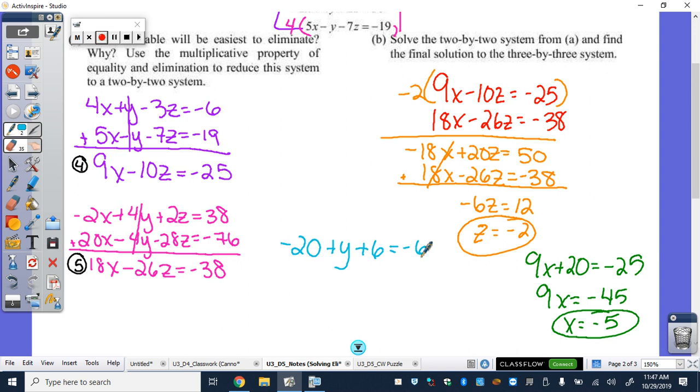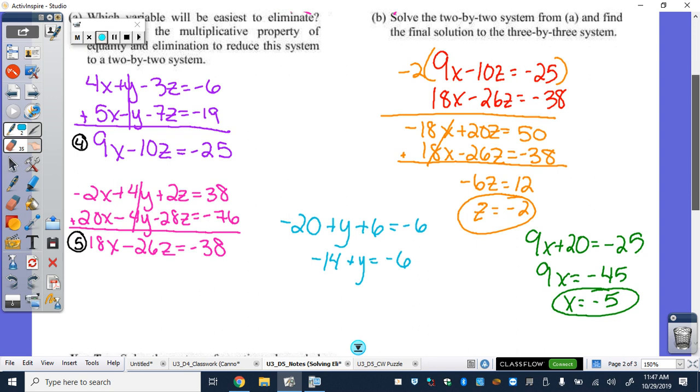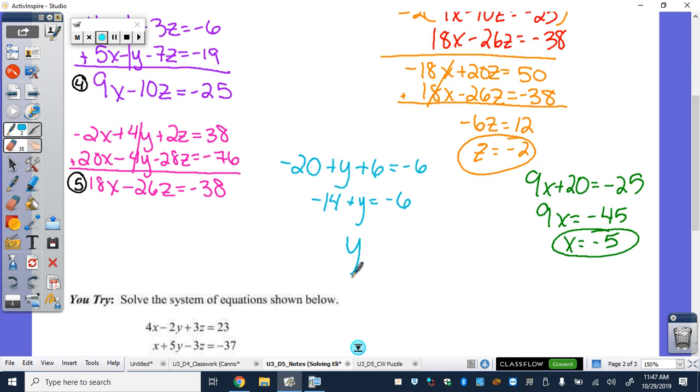Equals -6. So -20 plus the 6 on the left makes it -14. Add my 14 over. And we get y equals 8.